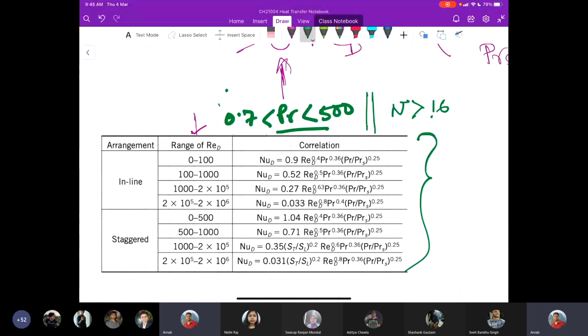Typically the Prandtl number falls within the range. And once you calculate the Reynolds number based on this maximum velocity and the tube diameter, you check those values, and you get the average Nusselt number relation, either for the inline or for the staggered configuration, from such a table or the given relation.